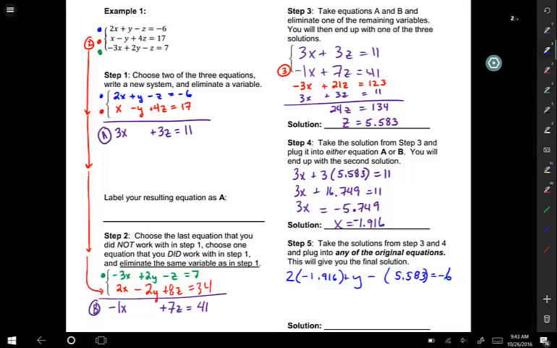So negative 6 plus 5.583 plus, I can't do this all in my head, 2 times 1.916, 3.832 negative, plus y minus 5.583.